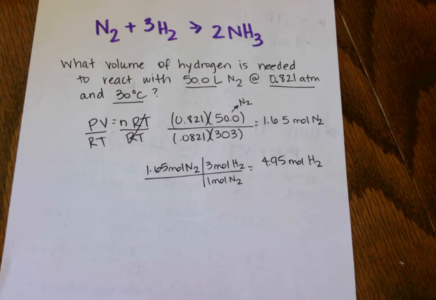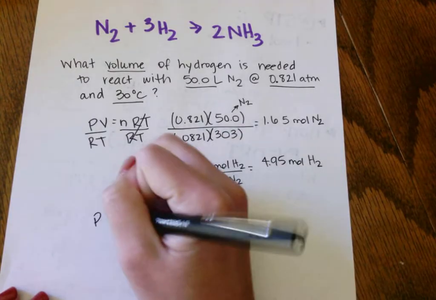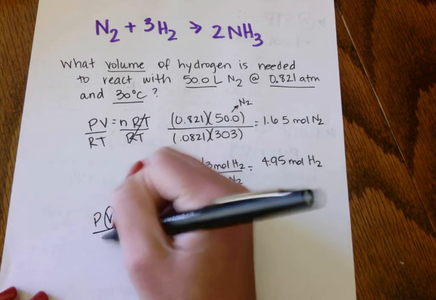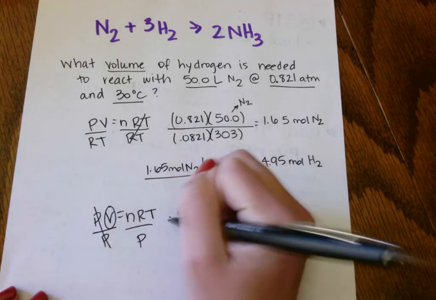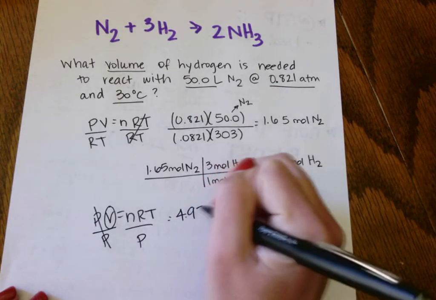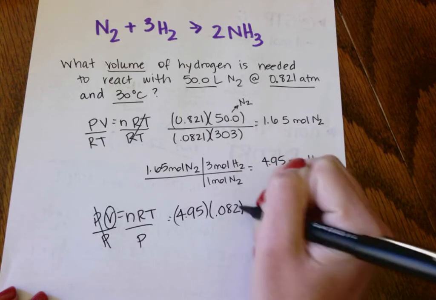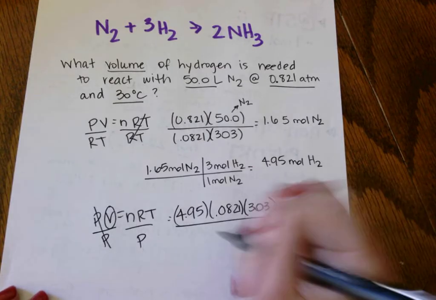But then I don't want moles, right? I want volume. So because I want volume, this is going to go back into PV equals nRT. Solving for volume means I'm going to divide by pressure on both sides. I'm going to use my moles of hydrogen, my R, and my T, divided by my pressure.